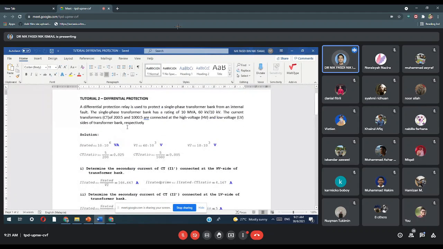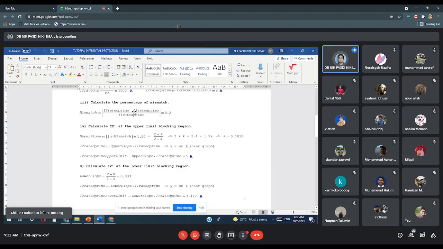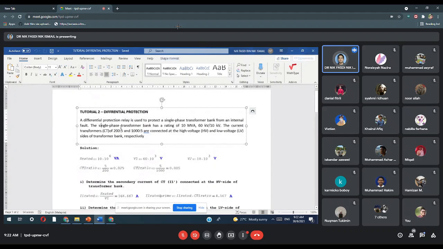A differential protection relay is used to protect single phase transformer bank from internal faults. The single phase transformer bank has rating 10 MVA, 60 kV, 10 kV.